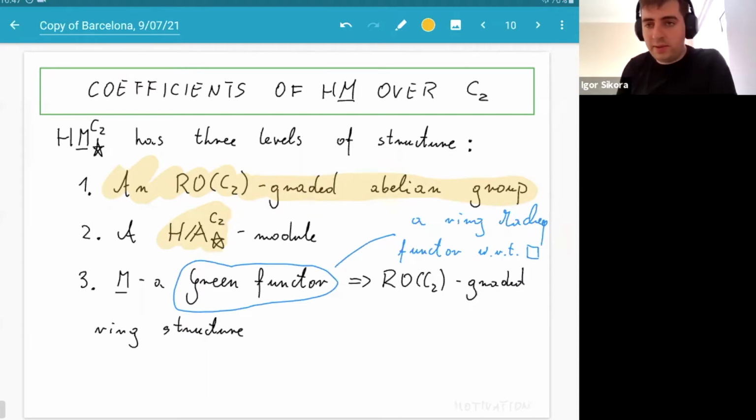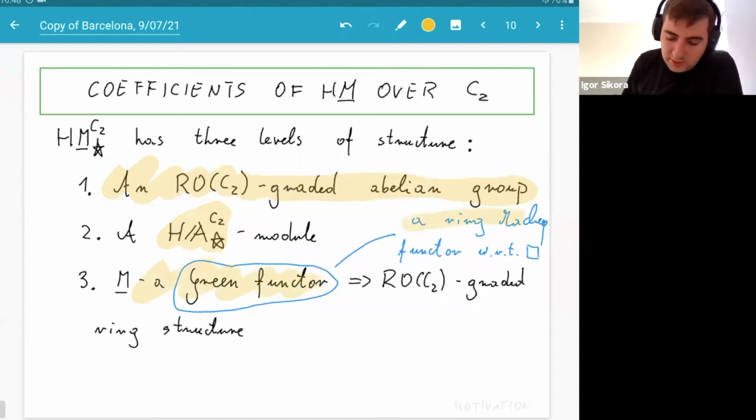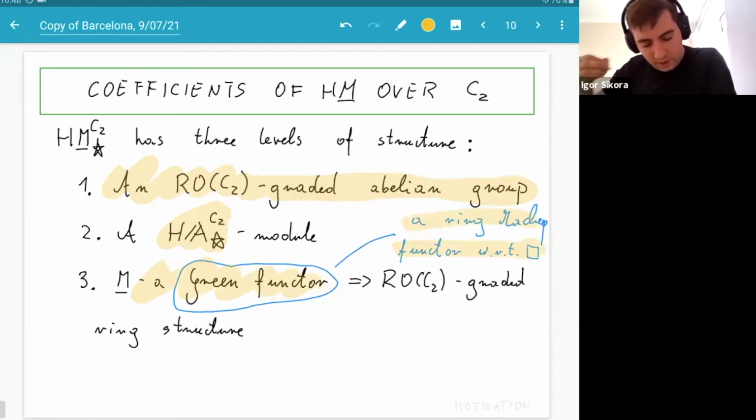And thirdly, if our Mackey functor is actually a Green functor, which means that it is a ring Mackey functor with respect to the box product, then the coefficients of HM also have the structure of an RO(C2)-graded ring.